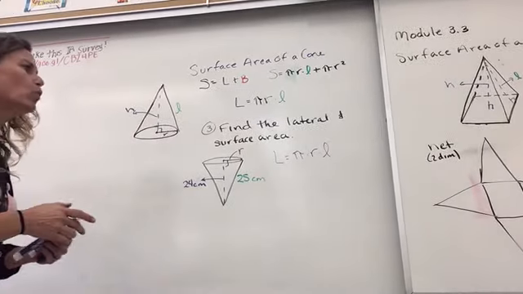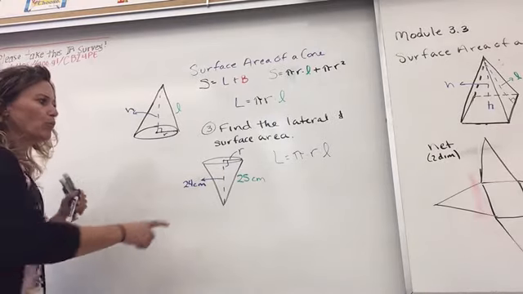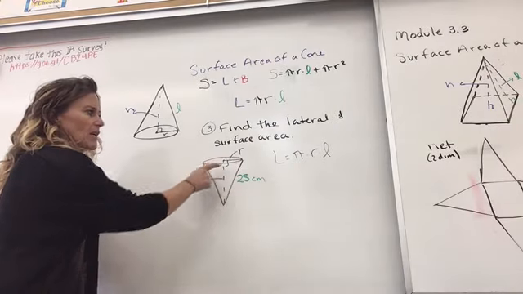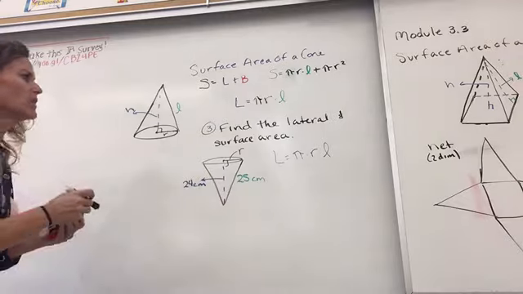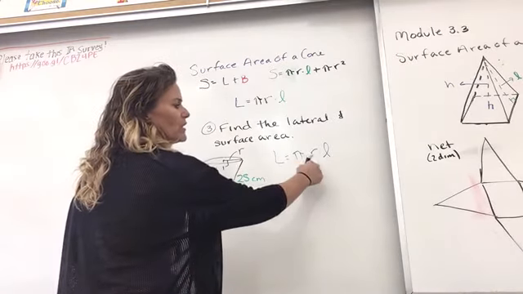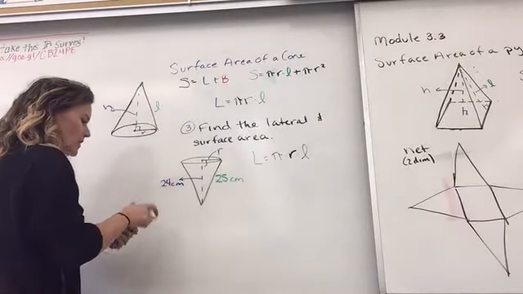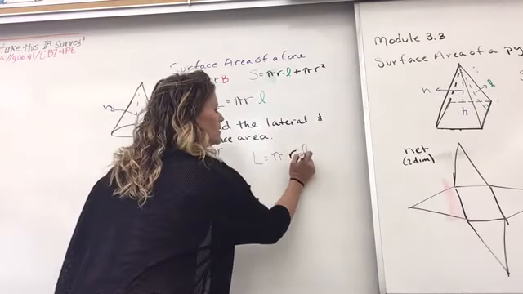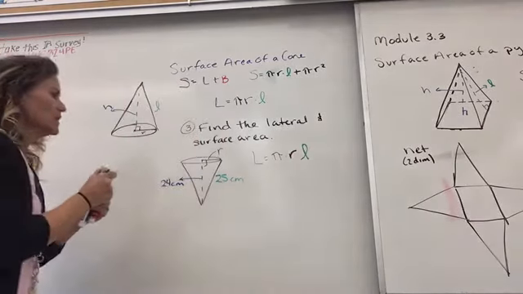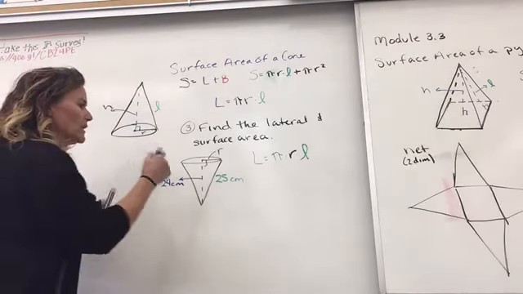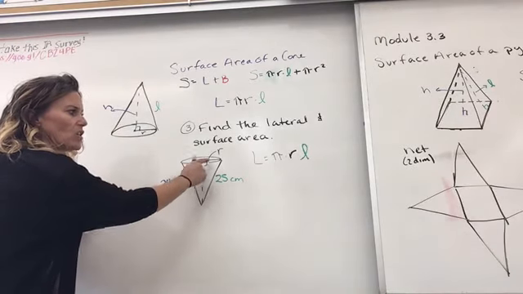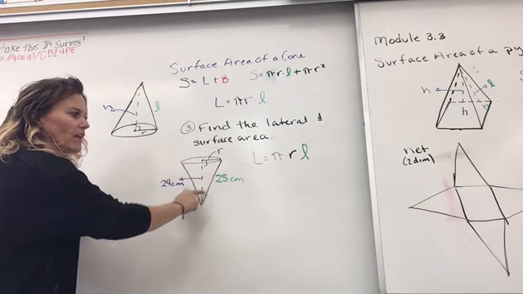Problem being, we don't know r. But r is the missing side of a right triangle. So we have to use Pythagorean theorem here to find that r. So the difference on this one is r is a side of the triangle, not the hypotenuse.